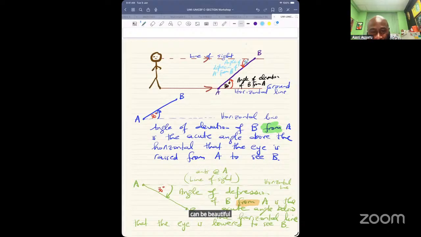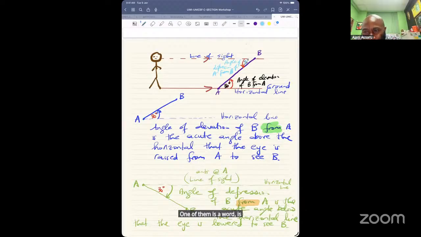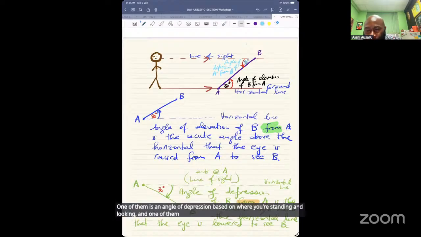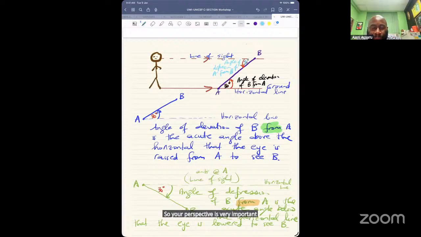But both of them measure the same size, right or wrong? Yes, sir. But one of them is an angle of depression and one is an angle of elevation, based on where you're standing and looking. Make sense? So your perspective is very important. The from is very important.